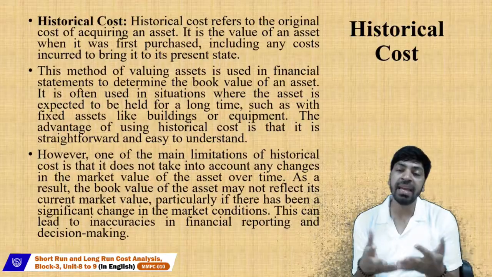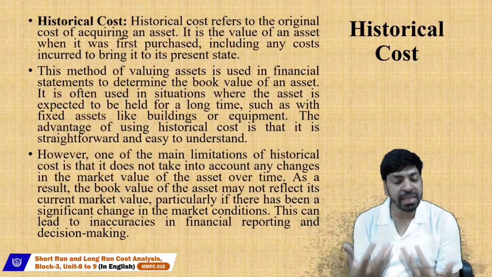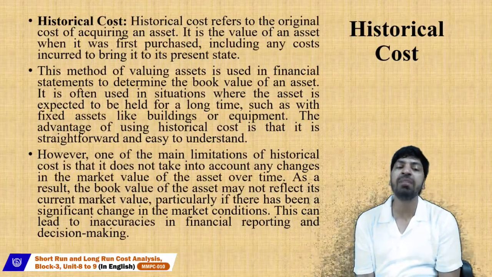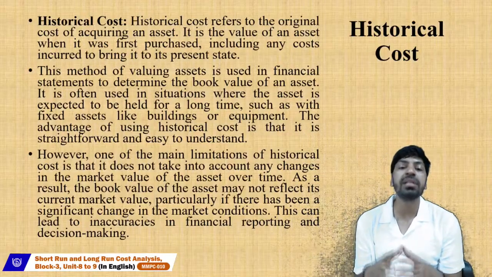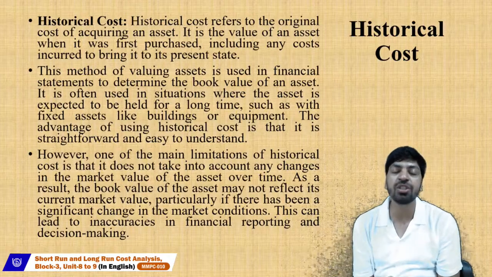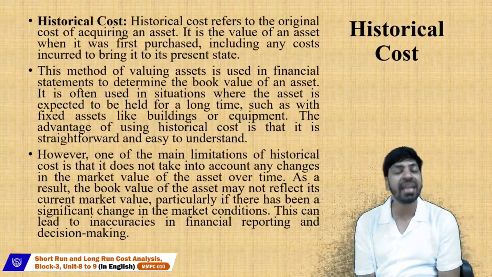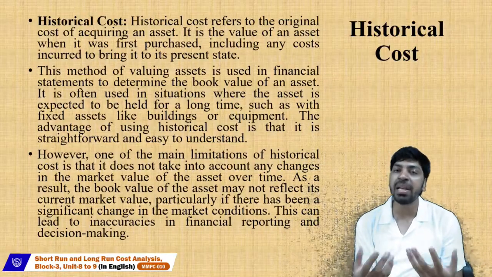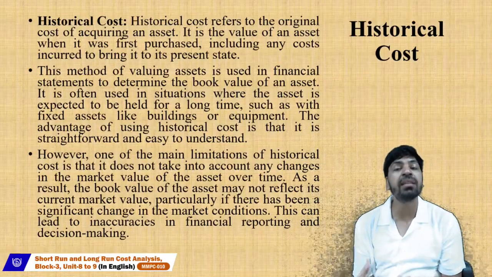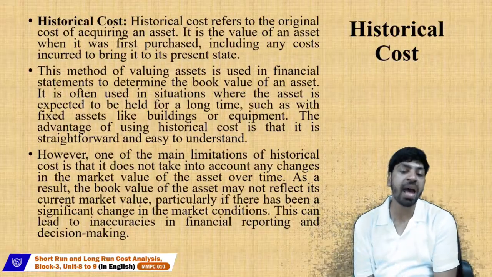But as every cost has a limitation, the main limitation of the historical cost is that it does not take into account any changes in the market value of an asset over a period of time. The book value of an asset may not reflect the current market value.